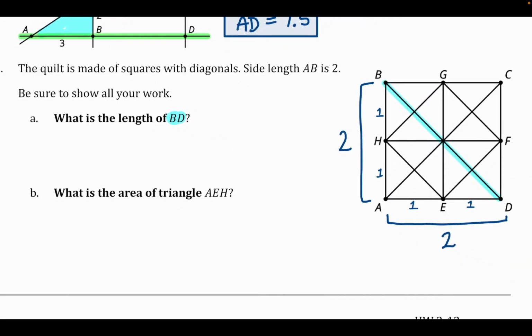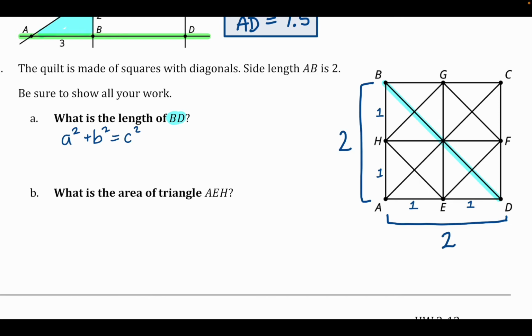So we are going to use a squared plus b squared equals c squared. Or essentially, leg squared plus leg squared is equal to hypotenuse squared. And because this is a right triangle, since it is a square, we know that's a right angle in the corner.